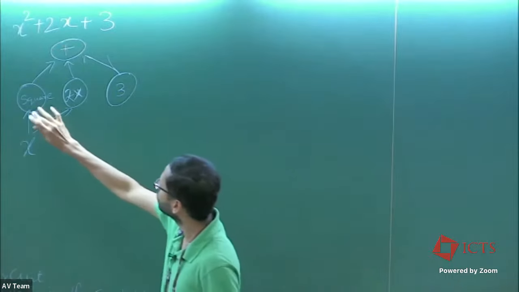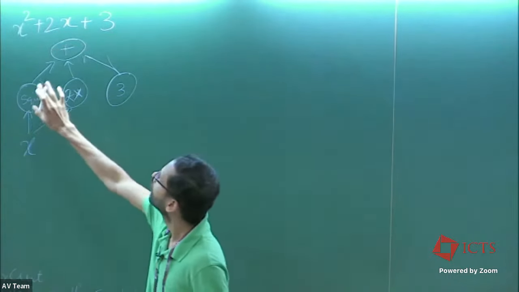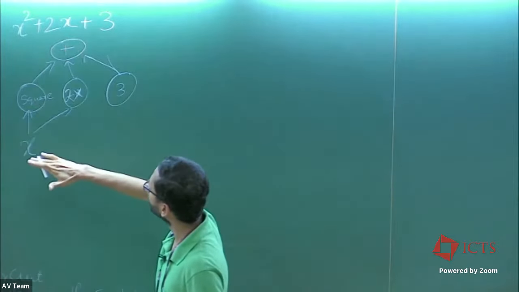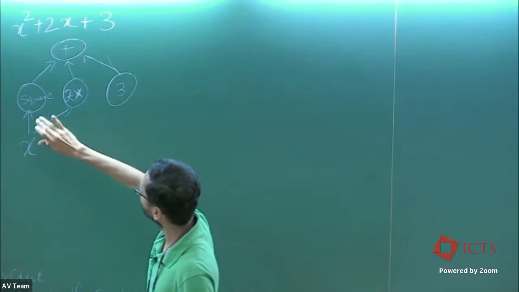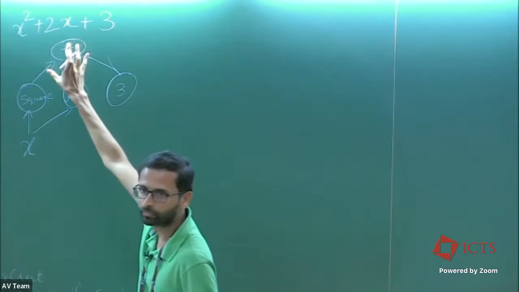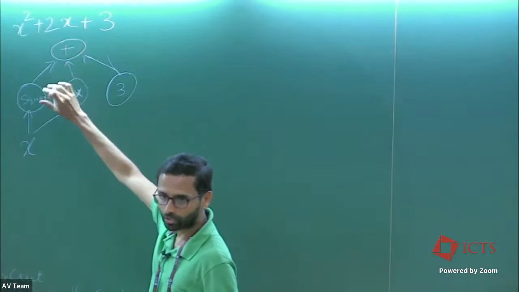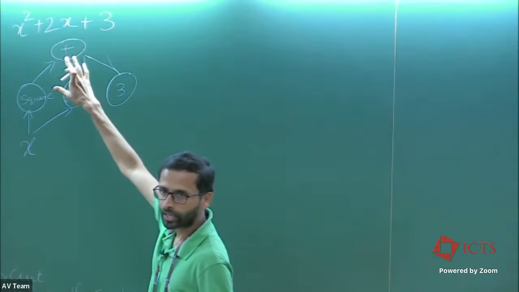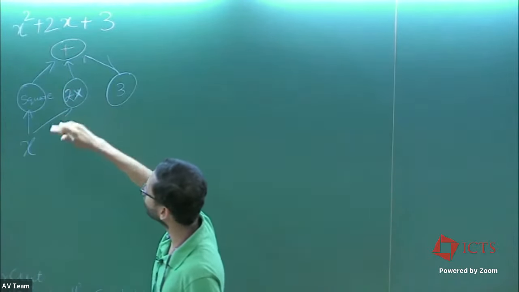Each of these operations is differentiable, so this function itself is differentiable. In order to compute this, first for x you compute x square, then you compute 2x, and then you have 3, and then you add all of them. This takes a certain number of operations or amount of time on a computer, and we can compute the derivative of this function also in twice the amount of time.